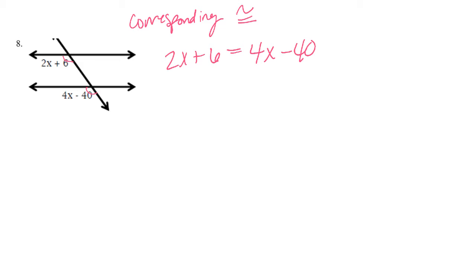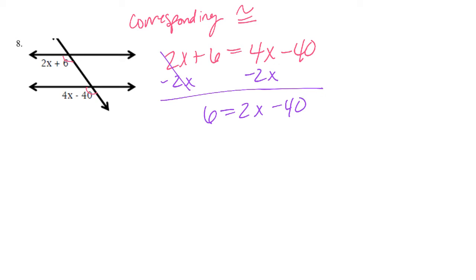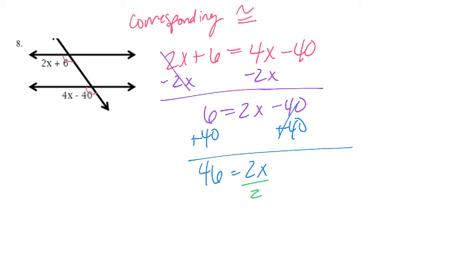And then we need to solve for x. Next, we need to add 40 on both sides. And last step, divide by 2 on both sides. So x equals 23.